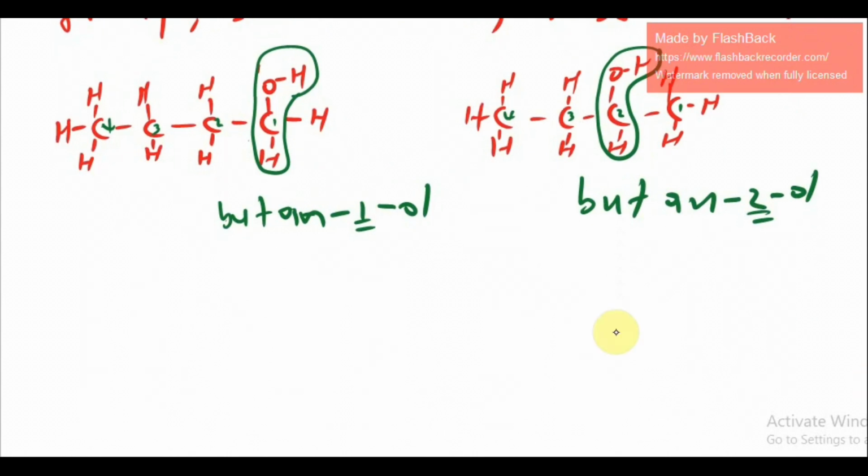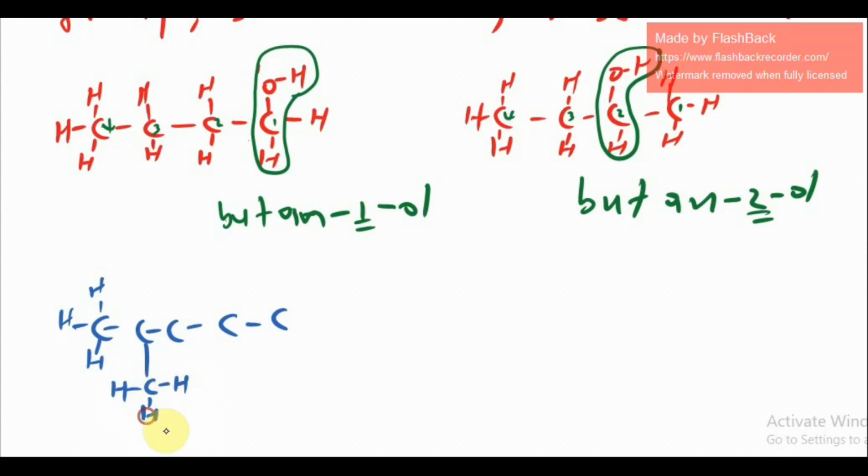So another one is this one that I'm going to draw now. 1, 2, 3, 4, 5. Hydrogen, hydrogen, hydrogen. Then here we also have the side chain. The side chain there.